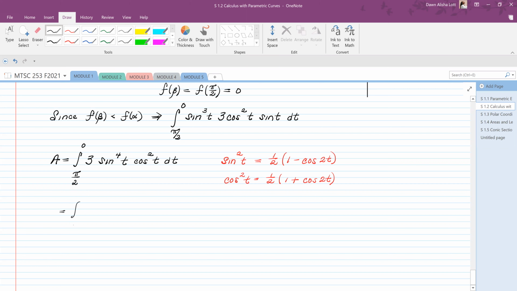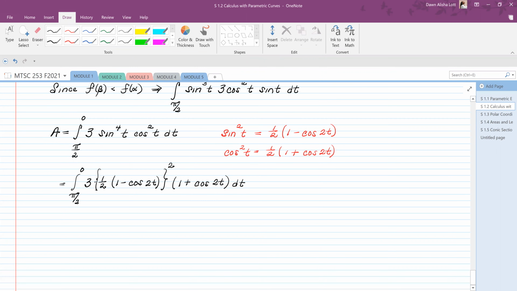So I get the integral from pi over 2 to 0, and this 3, and then 1/2 times 1 minus the cosine of 2t, squared since that's sine squared, and then 1 plus the cosine 2t, and I'm missing 1/2.